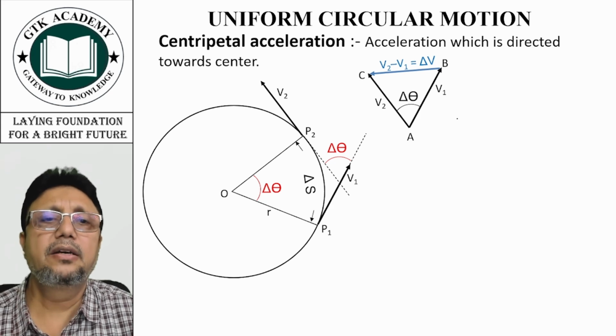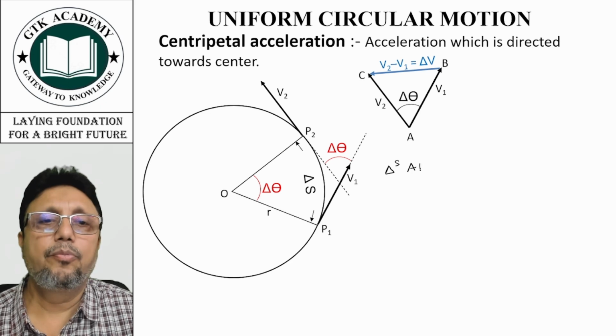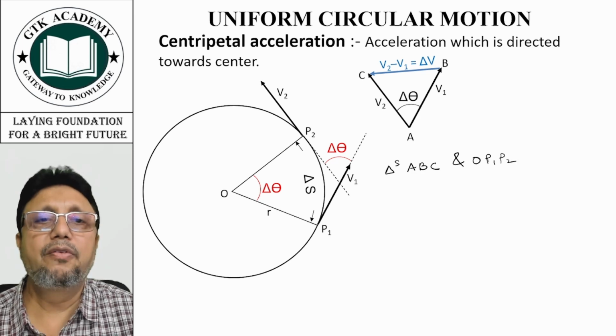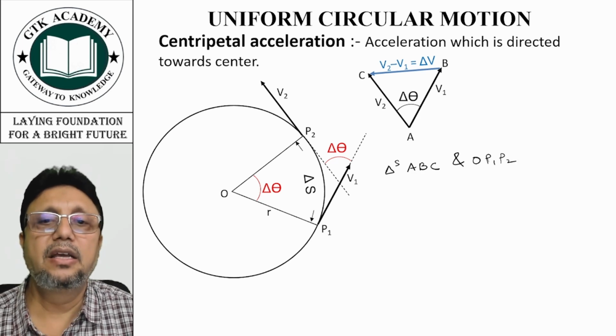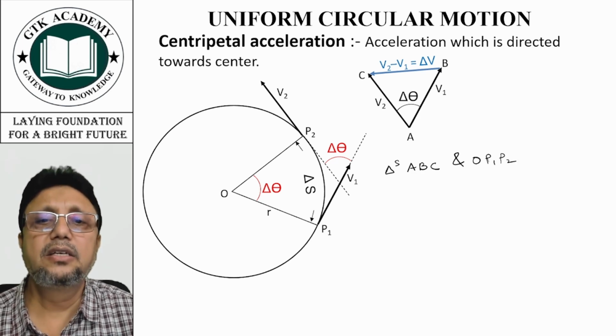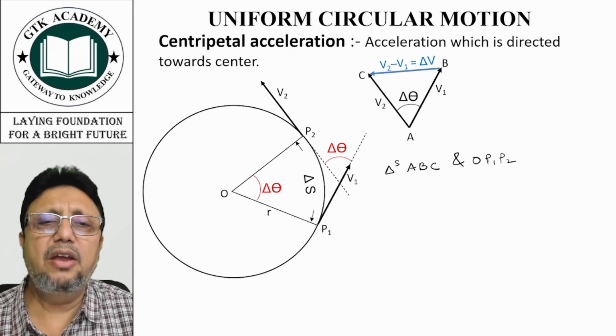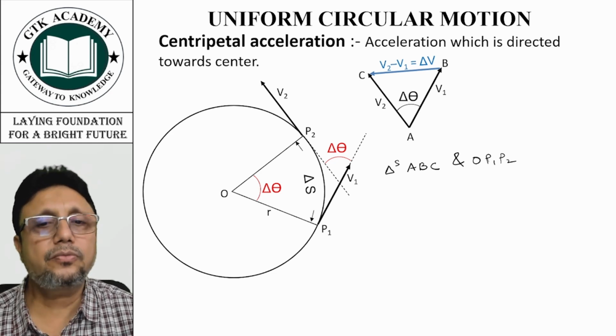Then I can write triangles ABC and OP1P2. I have written both of them as triangles, right? Since delta theta is extremely small.